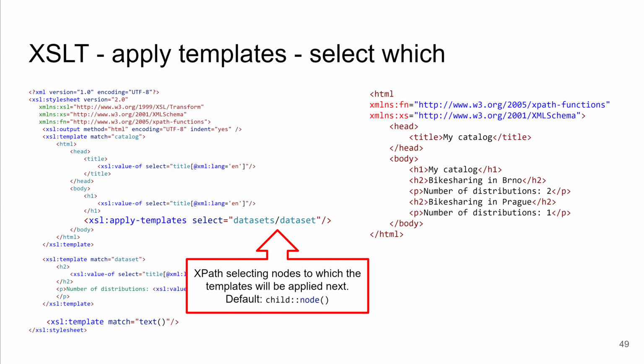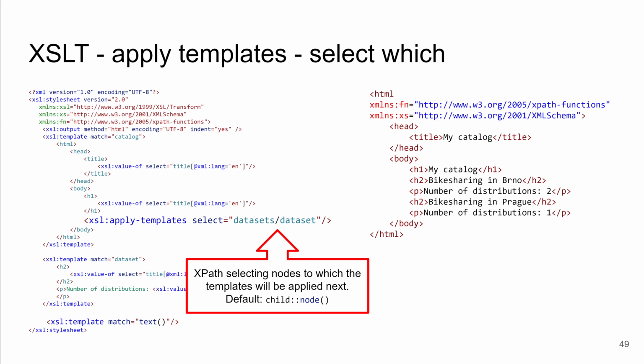Now, when we call the apply template function of the XSLT, we may also supply a select attribute, which again contains an XPath expression, which selects the set of nodes to which the XSLT processor will go and which it will start processing next.